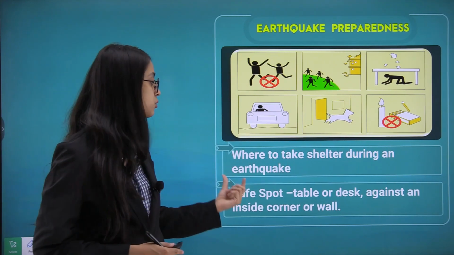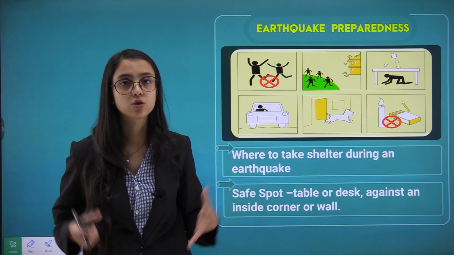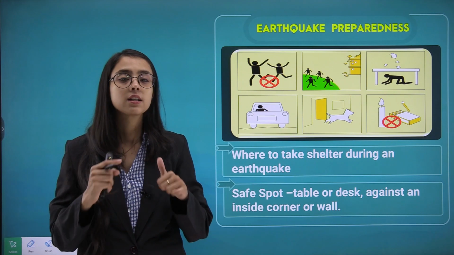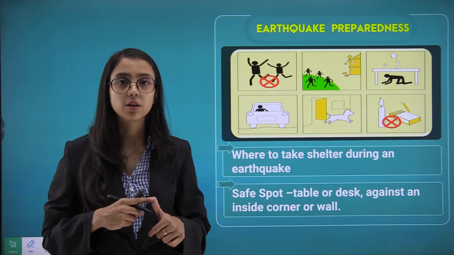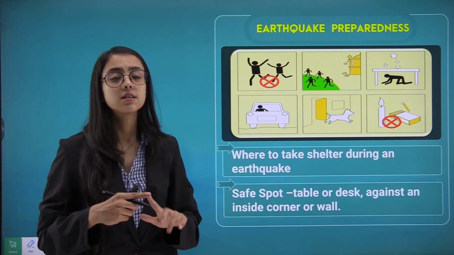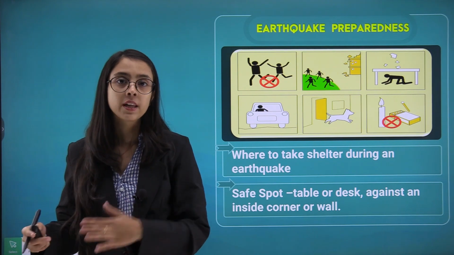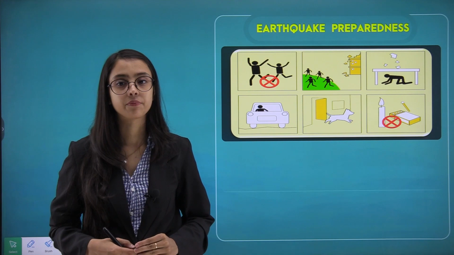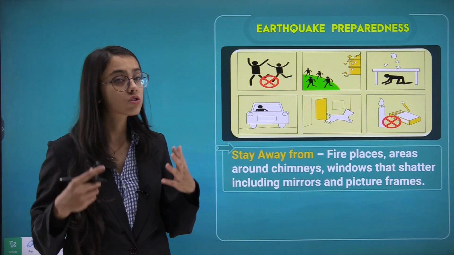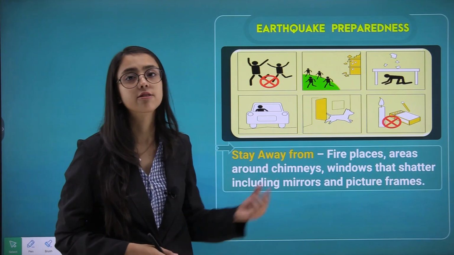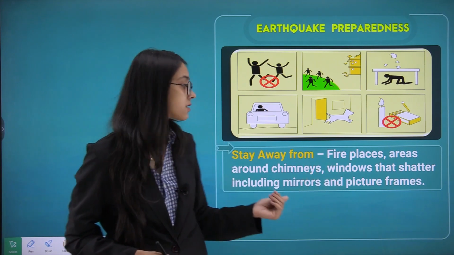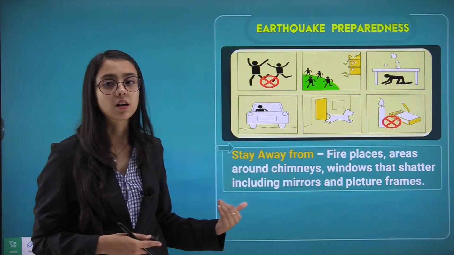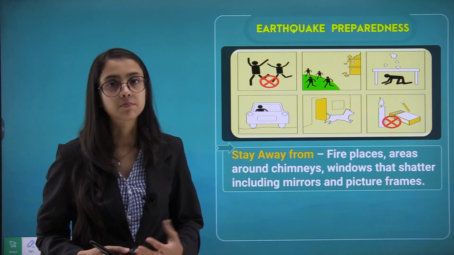So, you need to find a safe spot to protect yourself from whatever destruction is being carried out around you. This safe spot may include a table or a desk, against the inside corner of a wall, under a kitchen counter, etc. Now, you should stay away from places such as fireplaces, areas around chimneys, windows that shatter which are made of glass, mirrors, picture frames, etc.